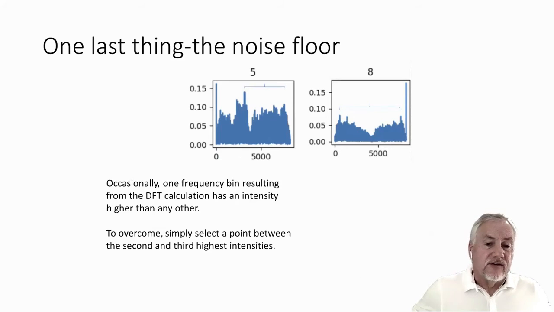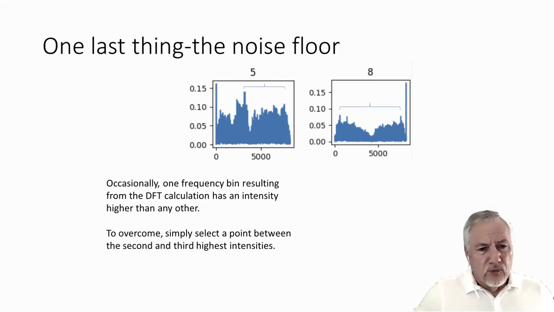And we noticed that when the signal to noise ratio is quite low, we often get a single sample that probably is a result of the noise floor, the frequencies in the noise floor summed in the DFT process, which actually becomes significant when the true signal is very low.